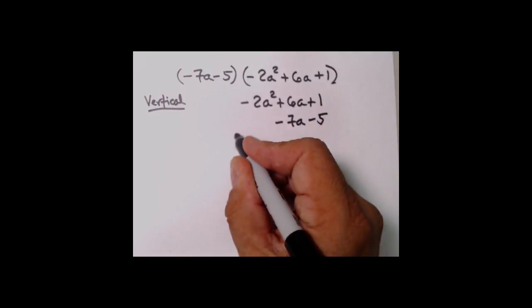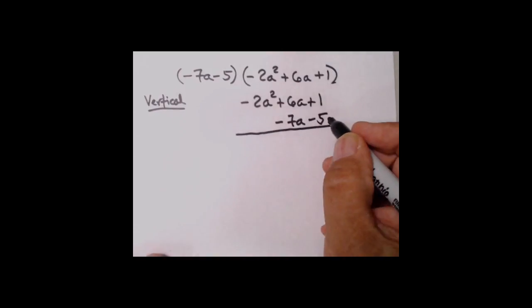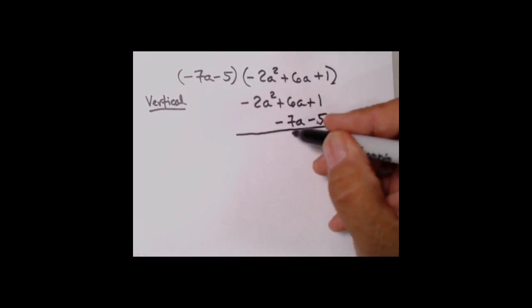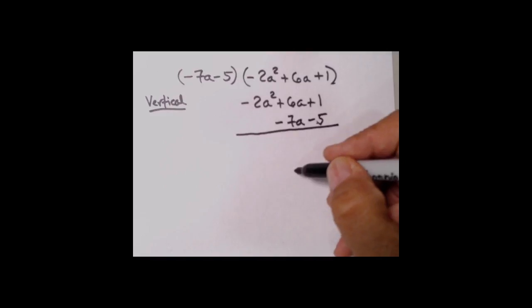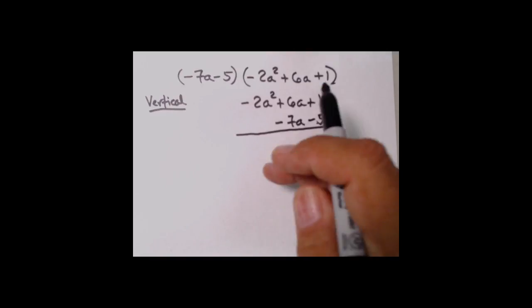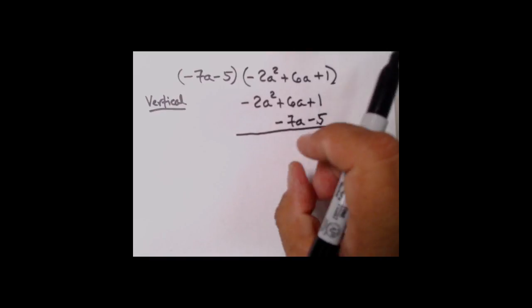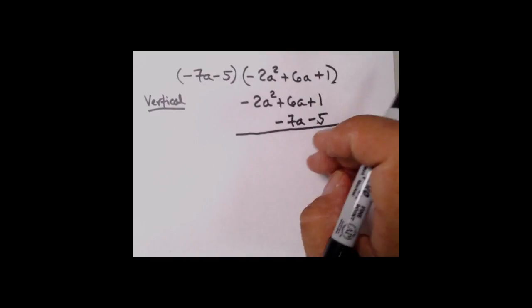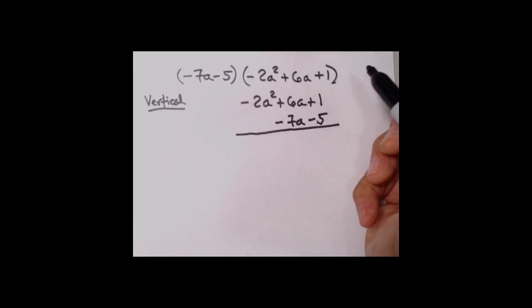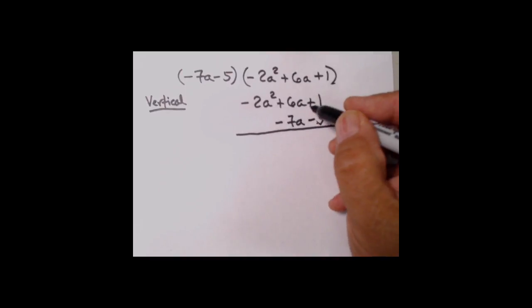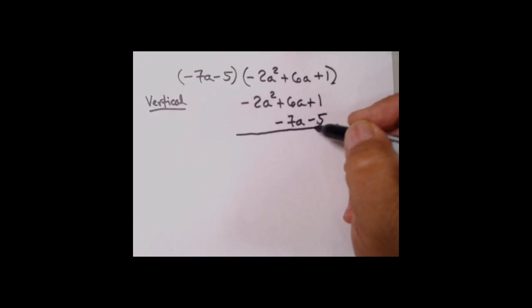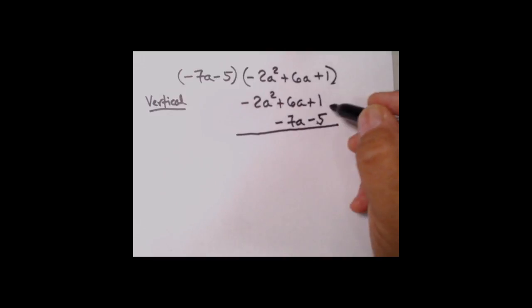Now, why I put the shorter guy underneath is he's the one that tells me how many partial products I'm going to get, and we usually like to minimize that. Getting more terms in one of them is fine, but have less partial products, so that's why you put the larger guy on top, smaller guy on the bottom. Now you want both these guys in descending order. They are.